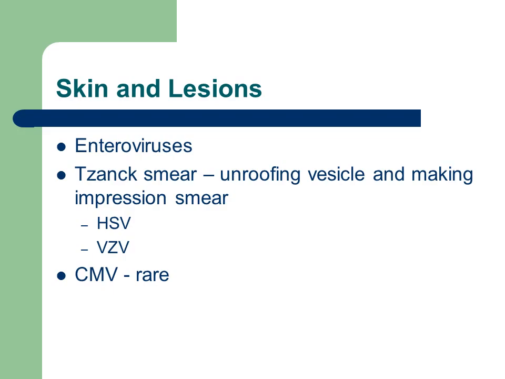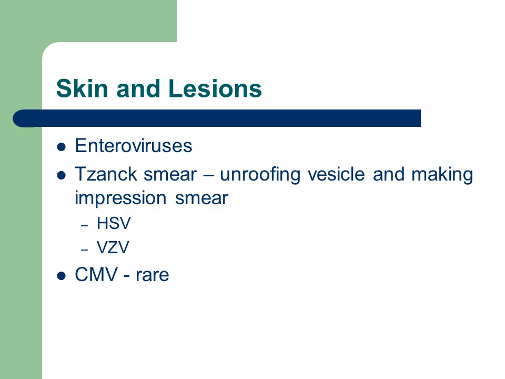You'd want to what they call unroof the vesicle, so break open the top of that vesicle and then take a slide and press it, make an impression smear of the vesicle right on the slide, and then you would do immunofluorescence or possibly electron microscopy or other techniques on that Tzanck smear.